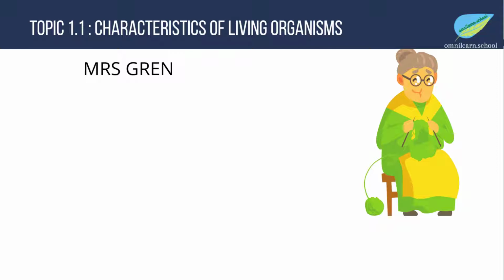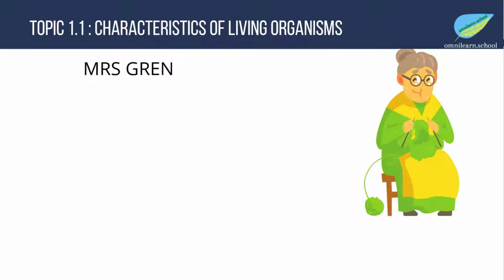In earlier level, in Key Stage 3, you have learned the 7 characteristics, but you only learn to list them. So in Key Stage 4, you're going to learn how to define each one on top of listing them.